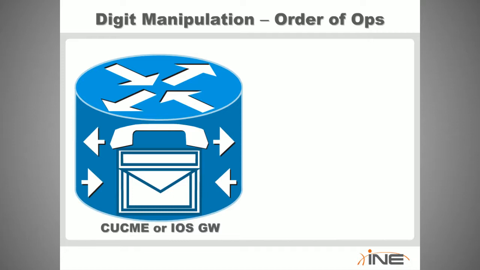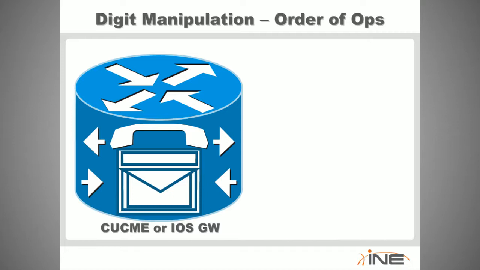I would be the redirect called. Okay? So those are the four things that we can change. Typically, we're doing digit manipulation on the called number. But insofar as when we talk about voice translation rules, the four things we can manipulate or change are calling, called, redirect called, and redirect target.